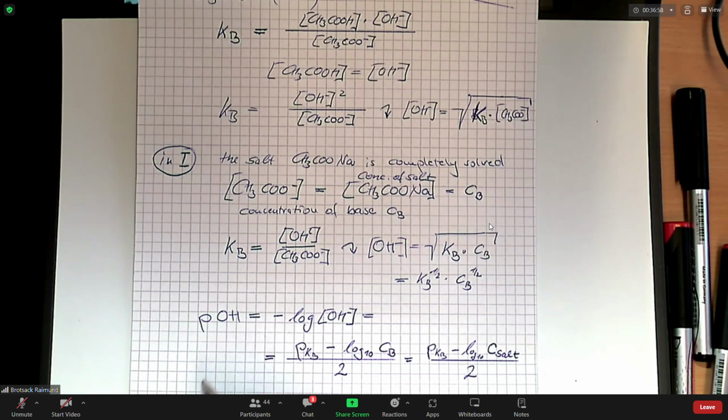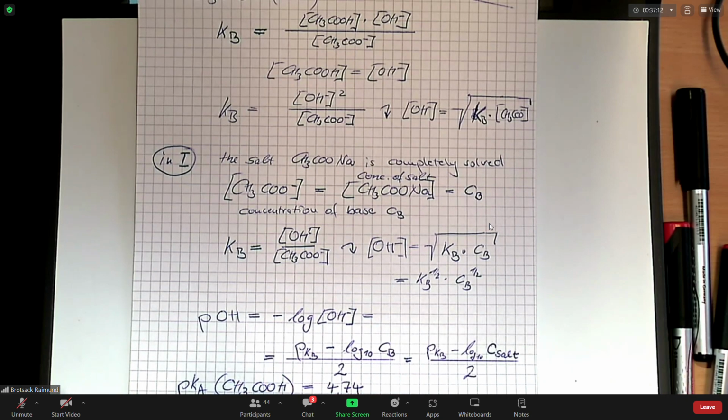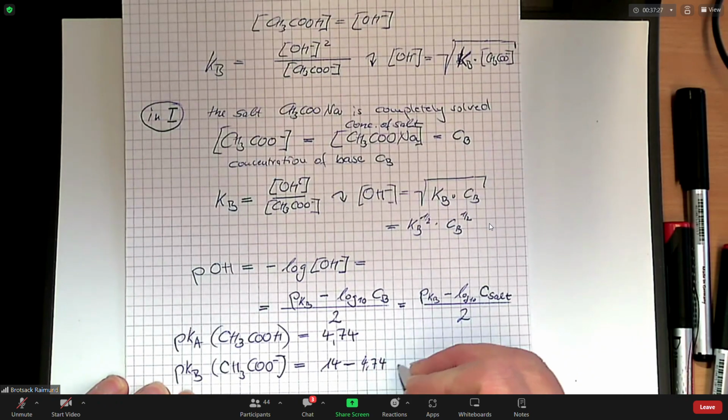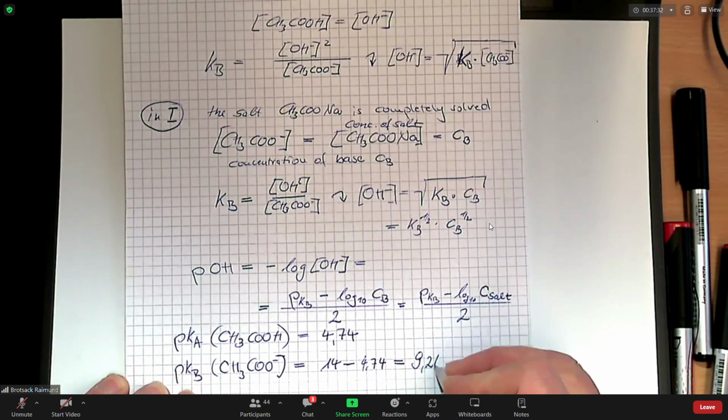And as already mentioned, when we have the pKa level of this acetic acid, we remember which is 4.74, automatically the pKb of that anion is 14 minus 4.74, which is similar to 9.26.